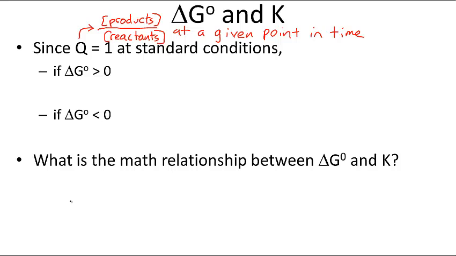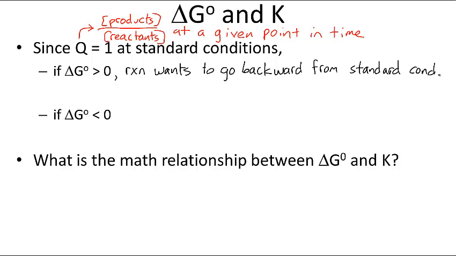If you can't answer that question immediately, take a look back, because this is very important. You want to have this at the front of your brain so that immediately you say, oh, delta G naught's positive, I know that means the reaction wants to go backwards. So if delta G naught is greater than 0, the reaction wants to go backwards from standard conditions.